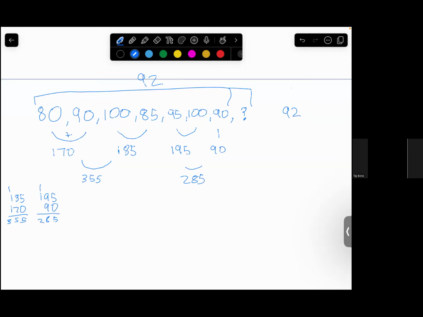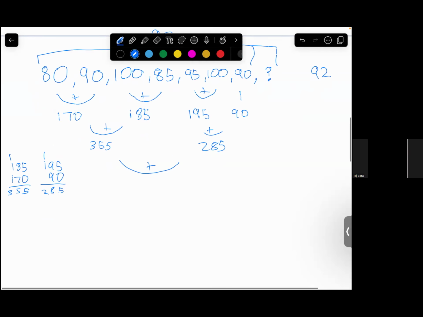And finally, the last two numbers to add are 355 and 285. 1 plus 5 plus 8 is 14. 4, 1 plus 3 plus 2 is 6, so 640.